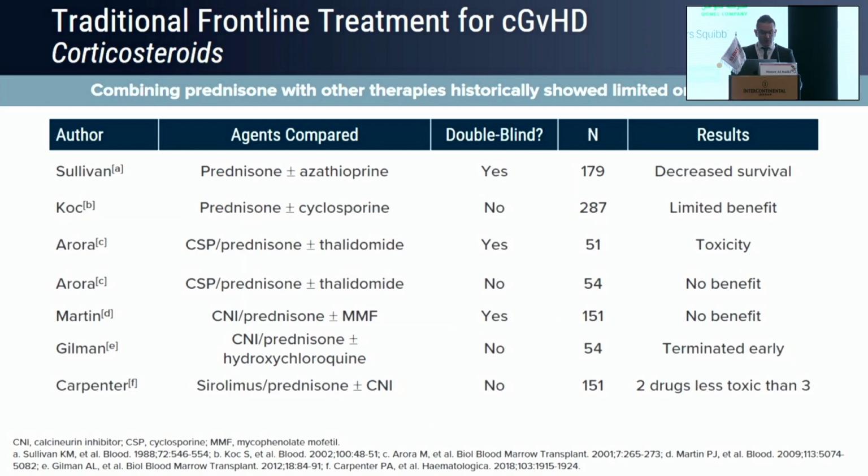Corticosteroids have been the cornerstone in treating GVHD, with a response rate close to 40 to 50%. Multiple attempts have been made over the years to add a second agent in the upfront setting, trying to improve the response rates, but all failed, as you can see here.